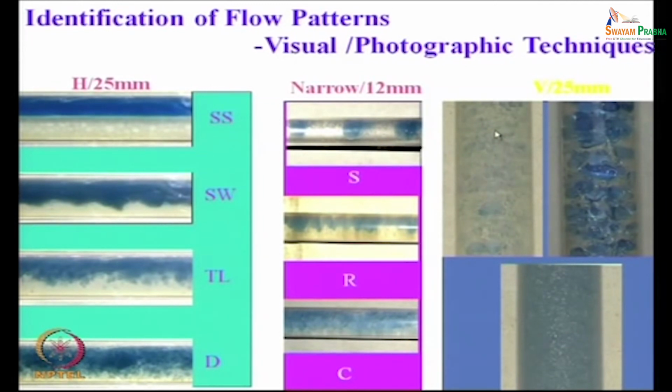oil water flows, we find that at low kerosene and high water, we distinctly have a continuous water phase with kerosene dispersed in it, similar to the bubbly flow distribution which we had observed for air water cases.